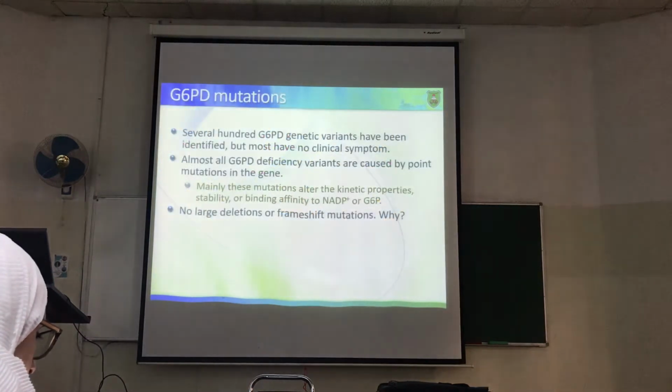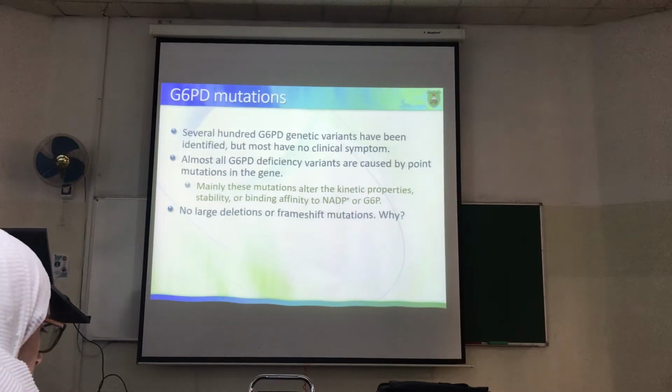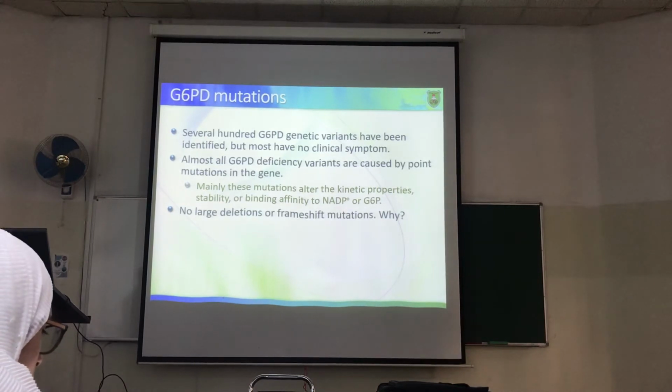Now, what type of mutations exist in the G6PD gene? Mainly point mutations. You hardly have deletions or frame shift mutations. That tells you something genetically: this enzyme is really important. It's critical for the life of a person.